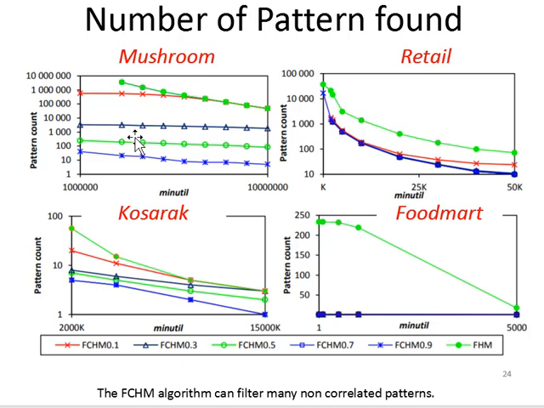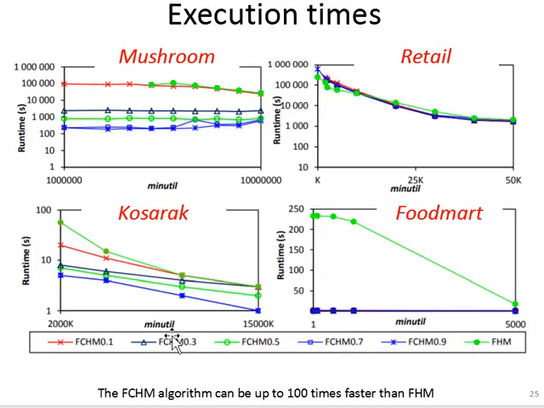Actually, it's very useful because these experiments show that in real life, a lot of patterns are not strongly correlated, so it's good to eliminate them. Again, the minbound parameter can be set higher or lower, if we want to find more correlated patterns, or if we also want to find the less correlated patterns.